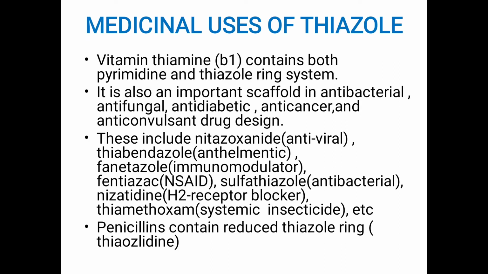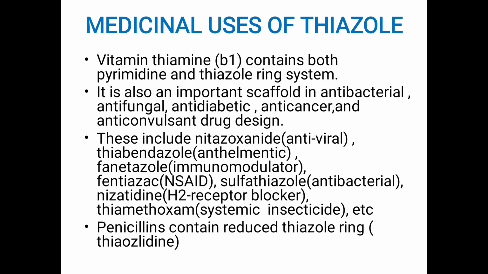Then is the medicinal uses of thiazole. Vitamin thiamine, which is also known as vitamin B1, contains both a pyrimidine and a thiazole ring system. It is also an important scaffold in antibacterial, antifungal, antidiabetic, anti-cancer and anti-convulsant drug design. This includes nitazoxanide, thiabendazole, fentiazac.